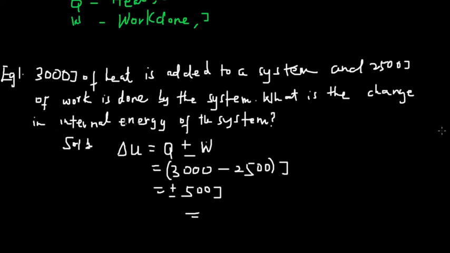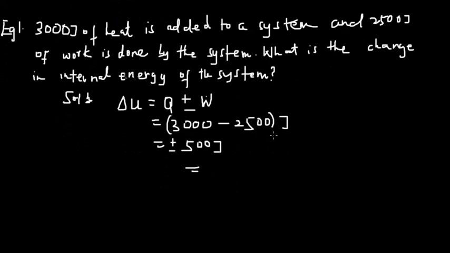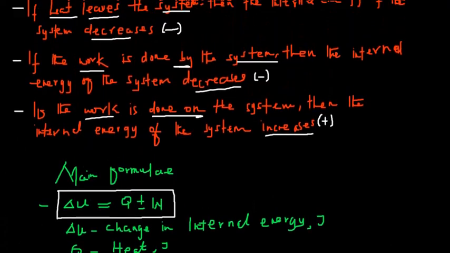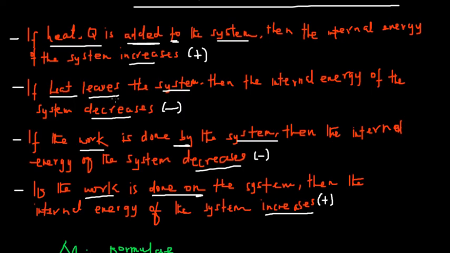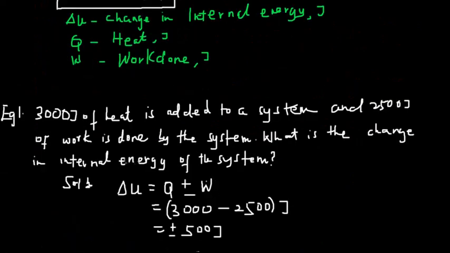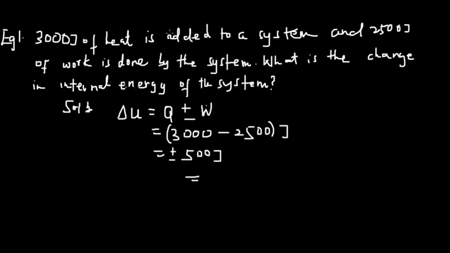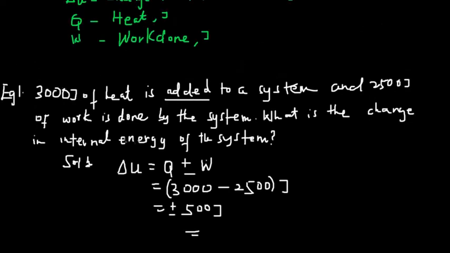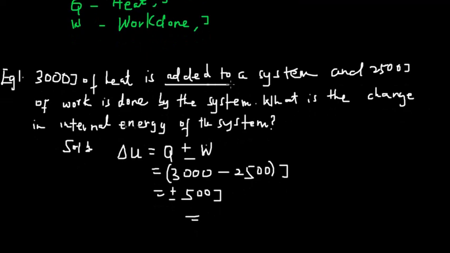So you could pick another question. Maybe let's say 300 joules of heat is not added to the system. I could state that 300 joules of heat leaves the system.